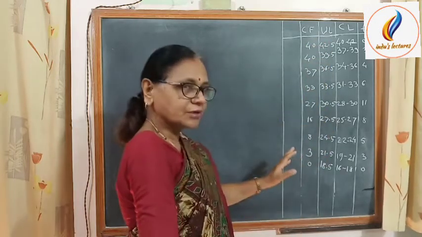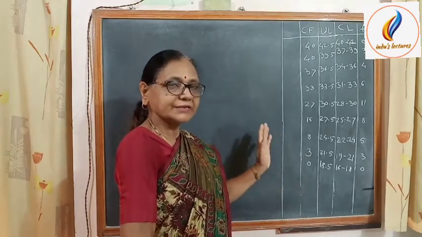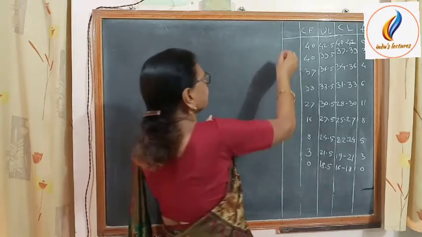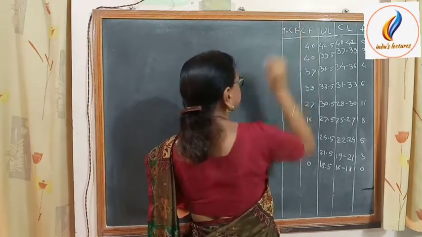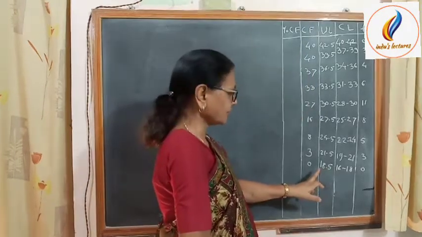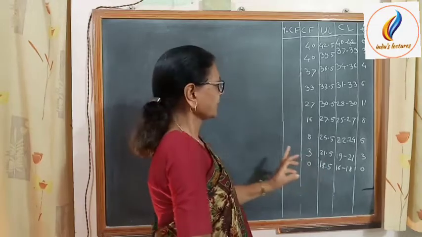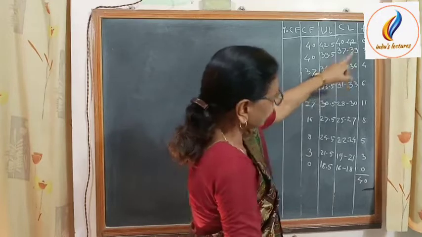Now convert this cumulative frequency into percentage cumulative frequency. So we will write percentage cumulative frequency. That means calculate the cumulative frequency out of 100. Now the total is 40, if we add these frequencies.